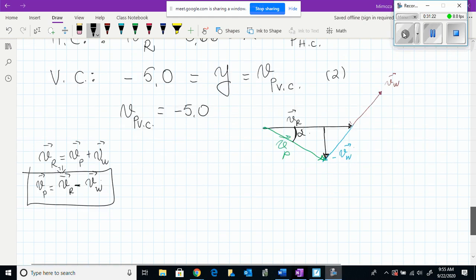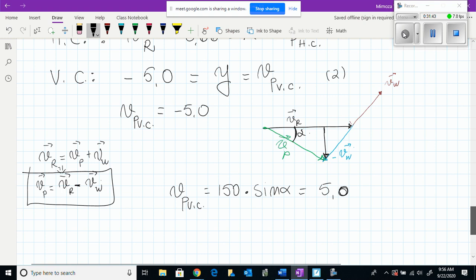So considering this angle alpha here, the vertical component of the velocity of the plane will be 150 times sine alpha. And now we know that this is equal to negative 5.0 kilometers per hour.